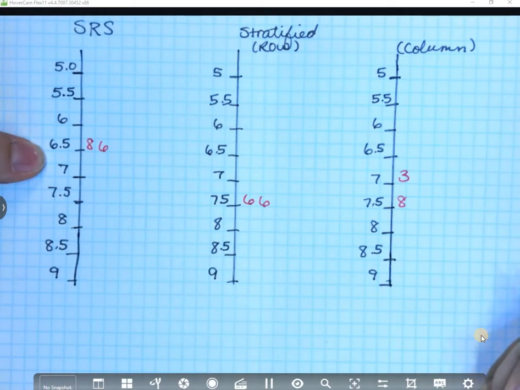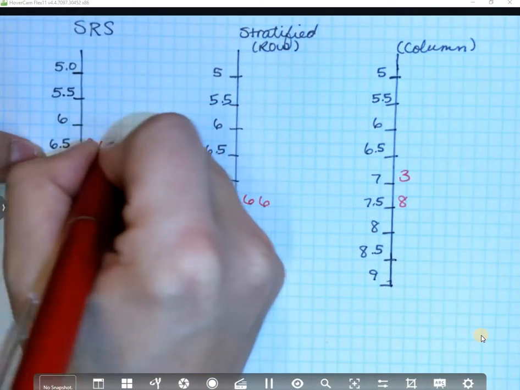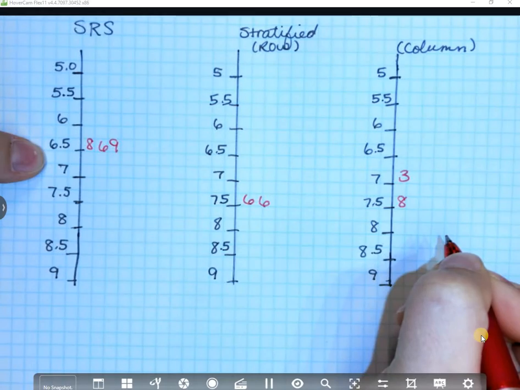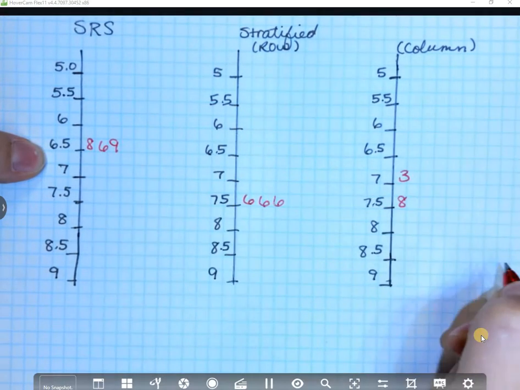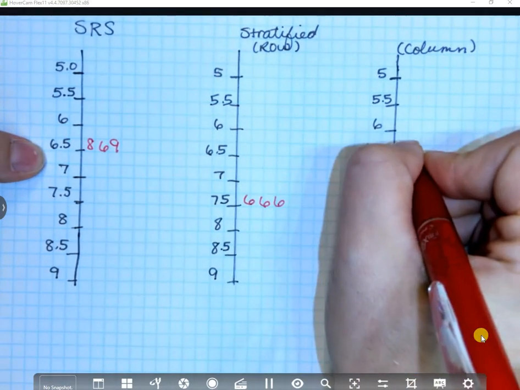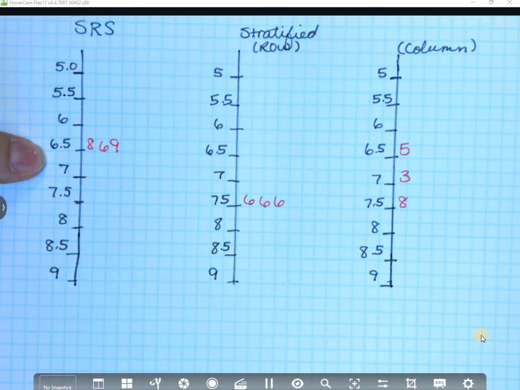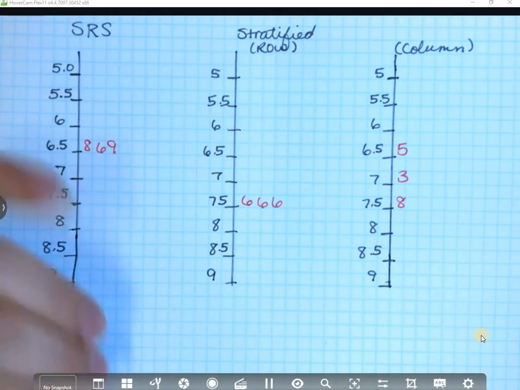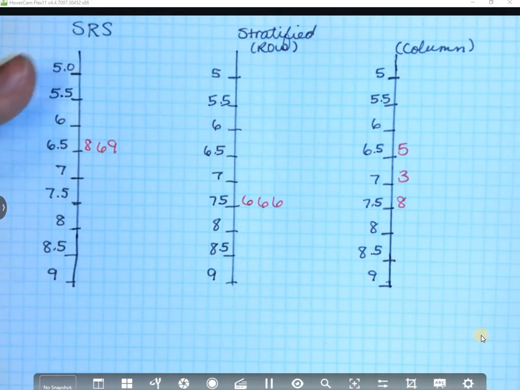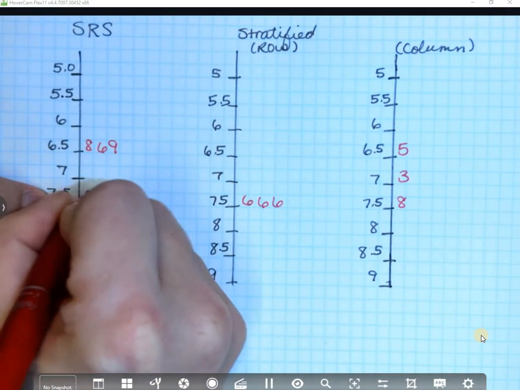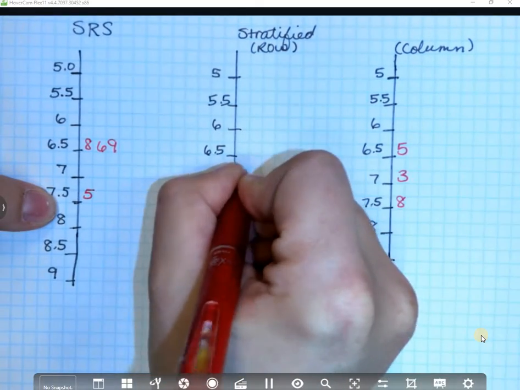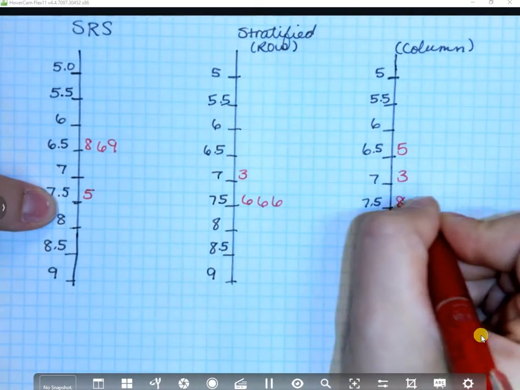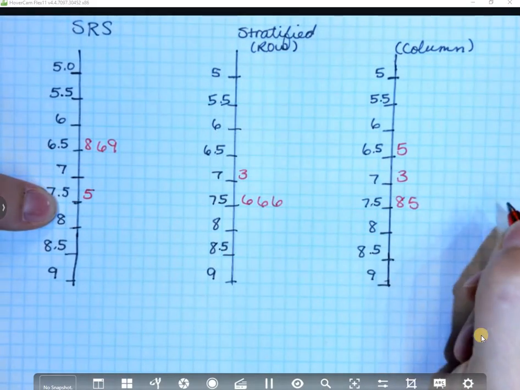Okay, Gleb. A lot of very similar answers here. A little bit tighter than I expected. Please tell me somebody got other than like 6.5, 7.5, 6.5, 7.5. Because this is kind of crazy. It's not how it's supposed to be. 7.5. There we go. 7.3. And then 7.5. Okay?